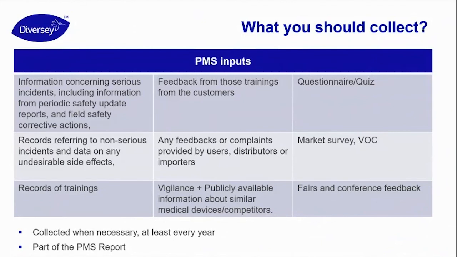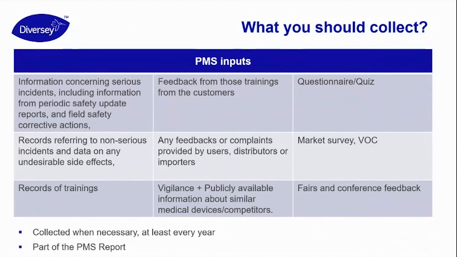Vigilance, which is also very important, means that we are monitoring any recalls of medical devices from our competitors and why they have done this recall. Also questionnaires and quizzes sent to our customers, market surveys, voice of customer, and fairs and conference feedback.